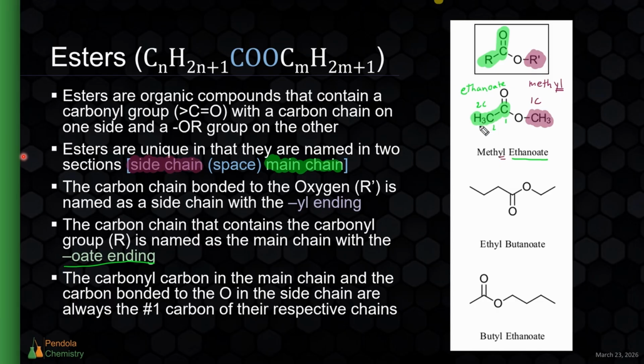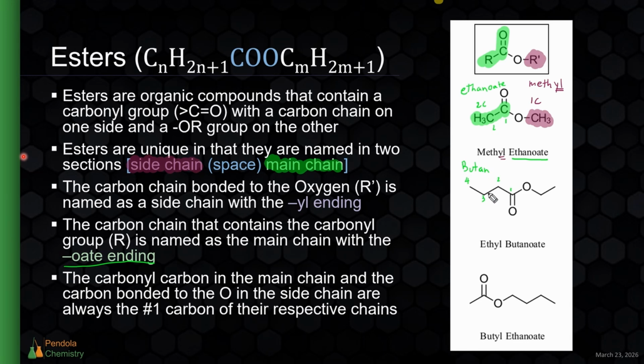And that's it. I mean, we're essentially going to look at those side chains and do this for all of them. If we look at this one, we have our carbonyl here. Carbon 1, 2, 3, 4. And again, the carbonyl carbon is always carbon 1. So it's a 4-member chain. So it's going to be but for 4 carbons.